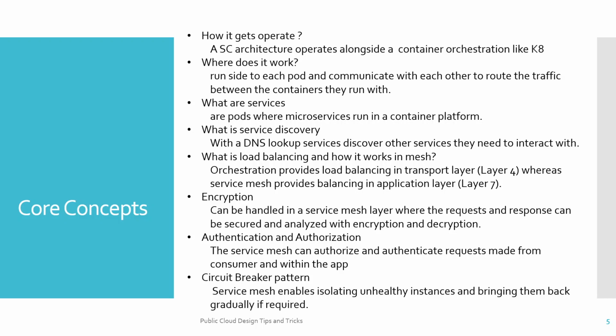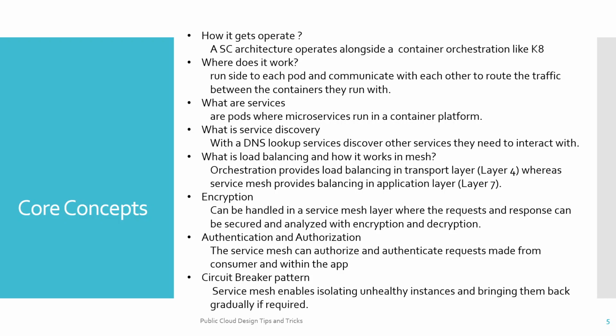Now, when it comes to load balancing, an orchestration platform typically provides transport layer load balancing, which is layer 4, whereas a service mesh provides load balancing on the application layer, which is layer 7. Now, what is encryption? Whenever the service mesh gets a request, it has the capability to encrypt or decrypt that request. That is also done within the service mesh layer. It can also deal with authentication and authorization.